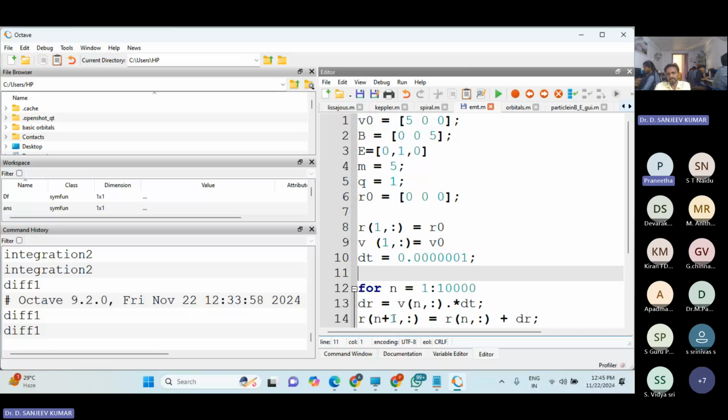So the second entry, second row in R now contains first row elements plus dr. So that dr is obtained by velocity in first row multiplied by dt.